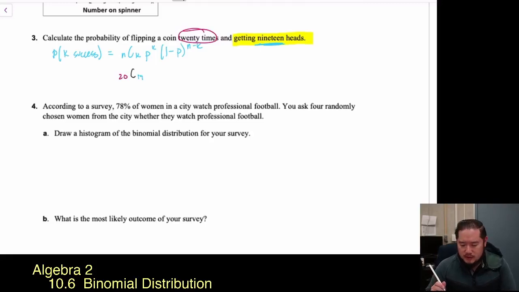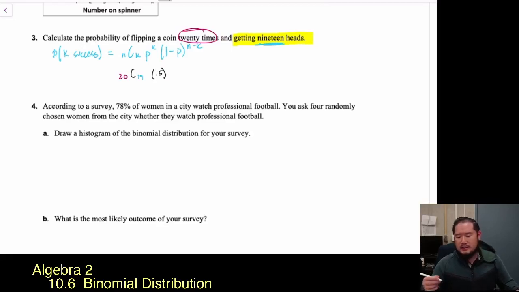Then let's take a look at p. Well, what exactly are we looking at? The probability of flipping a head. So that right there would represent p. That probability is going to be 50%. You have a 1 in 2 chance of flipping a head. And so in this instance, we have 0.5.